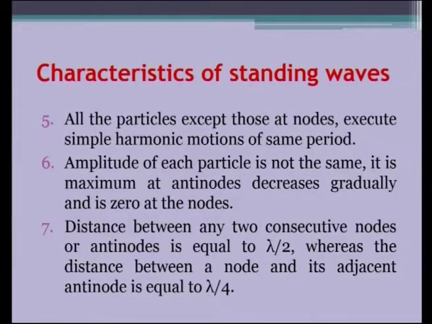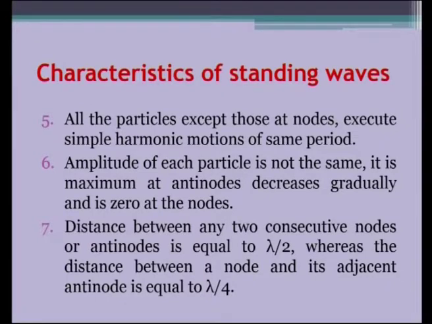Let us proceed further with other characteristics. All the particles except those at nodes execute simple harmonic motion of same period, but the amplitude of each particle is not the same. It is maximum at antinodes and decreases gradually and is 0 at the nodes.